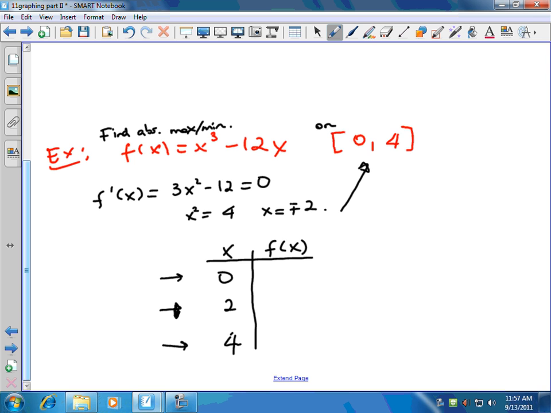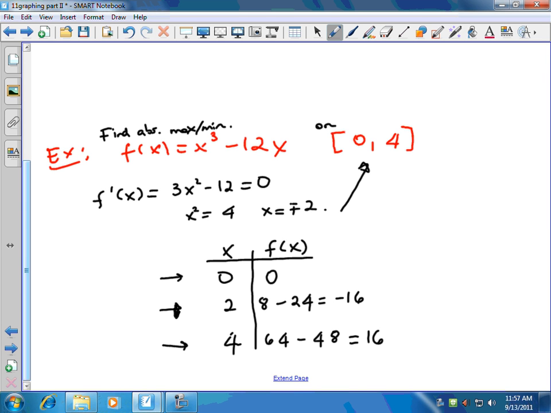So if I substitute 0 for x, I'm going to get 0. Let me plug in 2. 2 to the third is 8 minus 12 times 2, or 24. So that'll give me negative 16. And plug in a 4, we'll have 64 minus 48. And that should be 16.